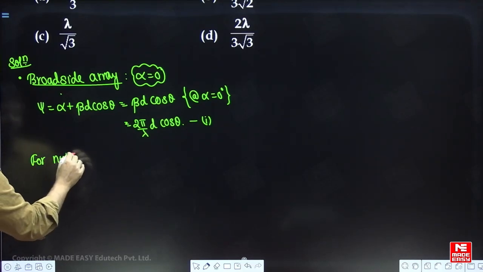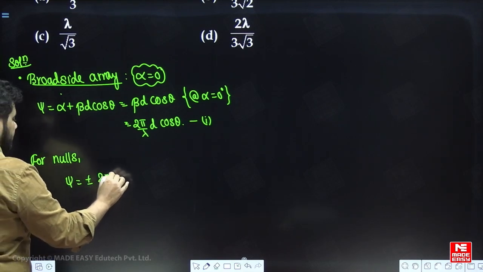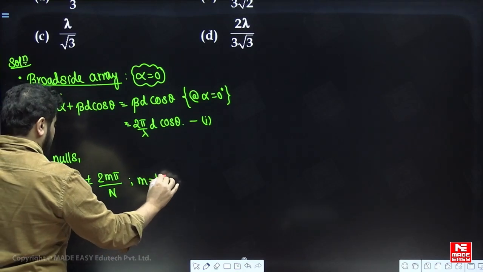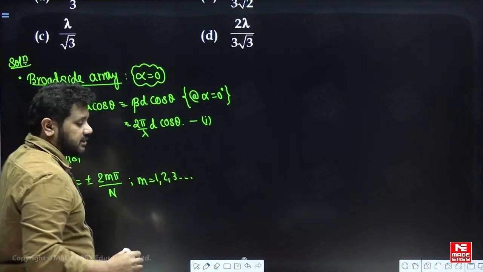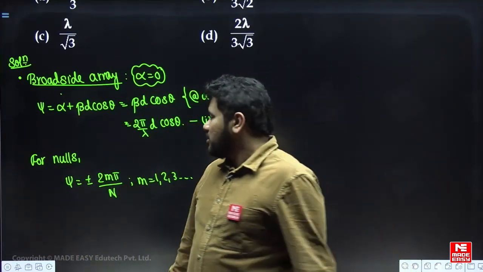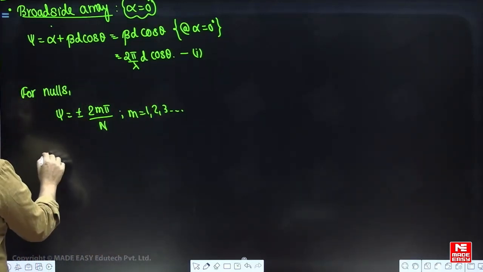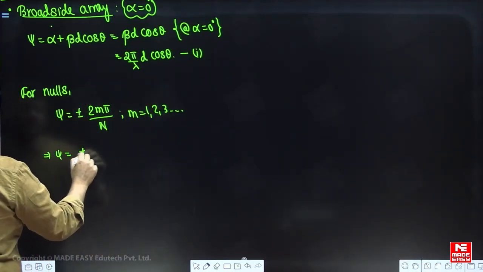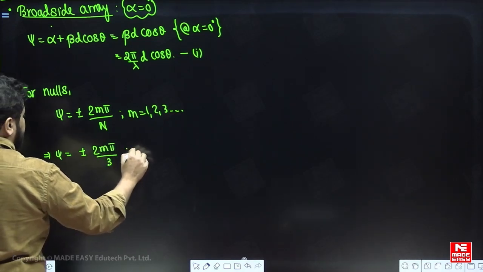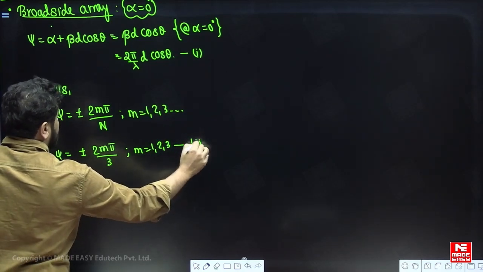For nulls, we know that psi is equal to plus minus 2 m pi upon capital N, where m starts from 1, 2, 3. We cannot put m equal to 0, otherwise it will give you the maximum direction of radiation, right? So for the multiple array psi, correct? So here psi is equal to plus minus 2 m pi, N is how much? It is 3, where m will start from 1, 2, 3. Now this is equation number 2, right?